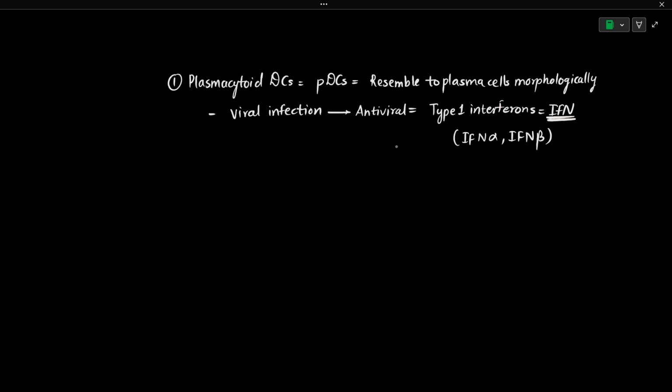This is how those plasmacytoid dendritic cells play a role in initiating innate immune responses, because interferons are a part of innate immune responses. So they have antiviral property, but alongside it they also possess antitumoral property.